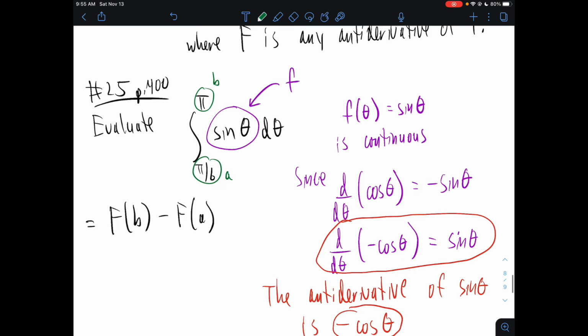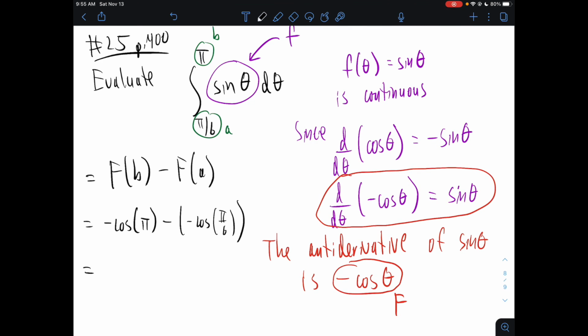So this means I'm going to have negative cosine of pi minus negative cosine of pi over 6. Cosine of pi is negative 1. Negative of negative 1 is 1. Subtracting a negative gives me a plus. And cosine of pi over 6 is the square root of 3 over 2. And that's it. We're done.